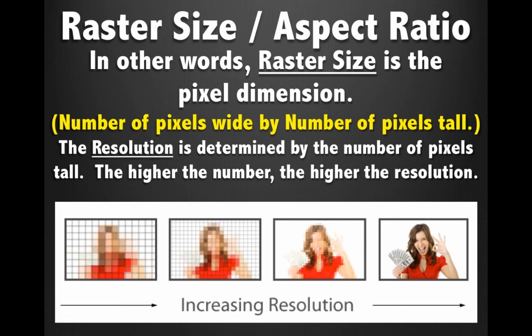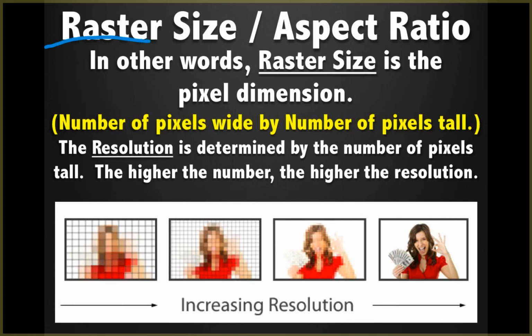So as I said, raster is all about resolution, and it's measured in the number of pixels wide by the number of pixels tall. But it is the tall number, the second number, that really lets us know what the real resolution is. The higher that second number is, the higher the resolution.